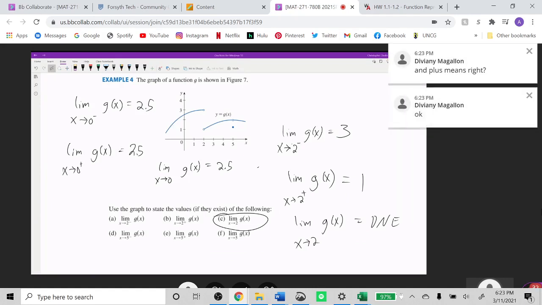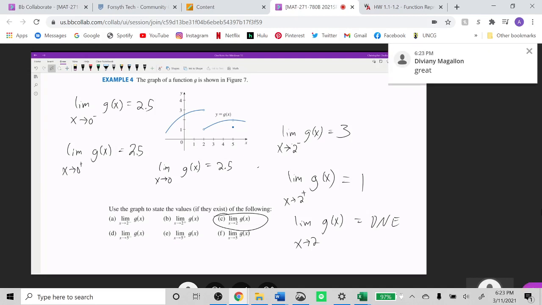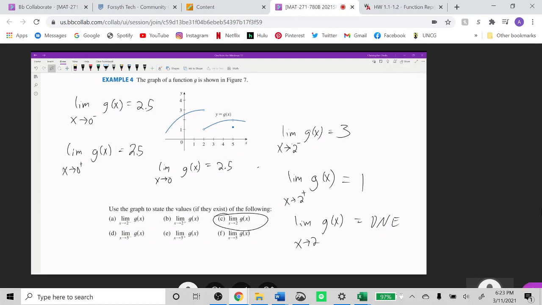Yes, from the right. The minus sign means we are looking at values that are less than 2. The plus sign means that we are looking at values that are greater than 2. Does that make sense?